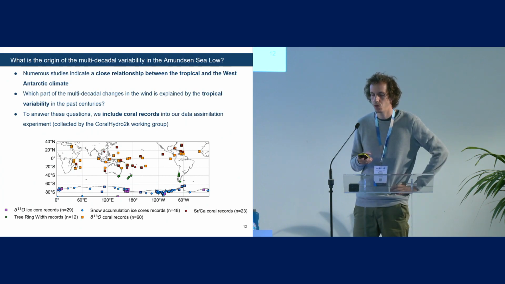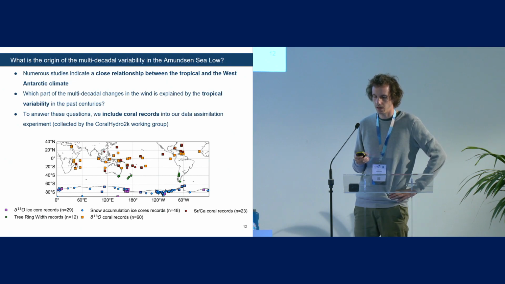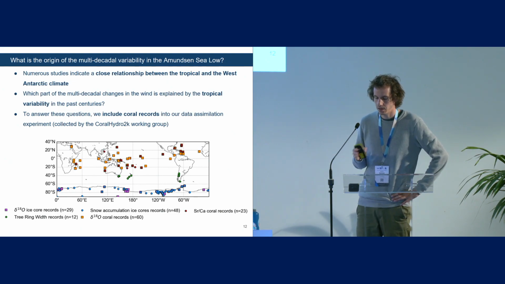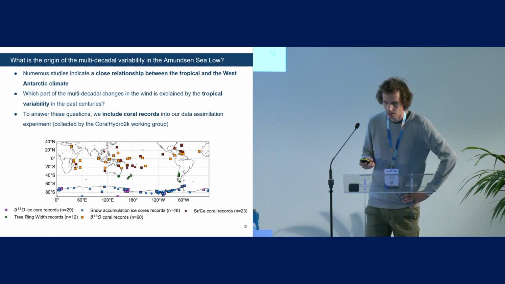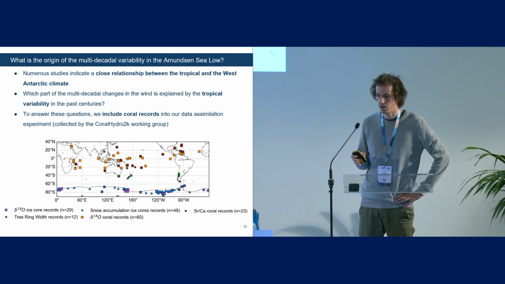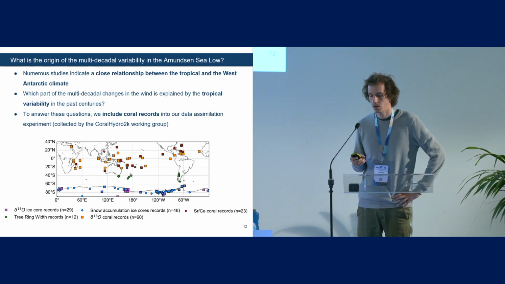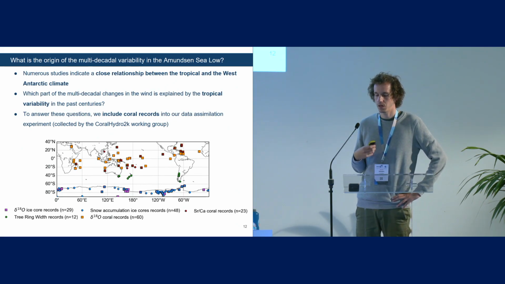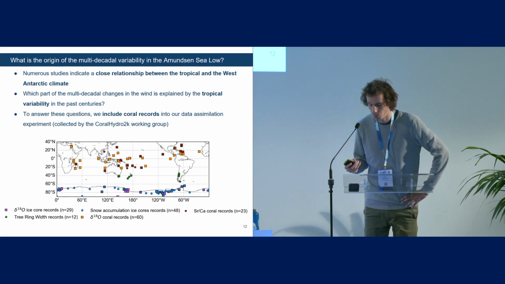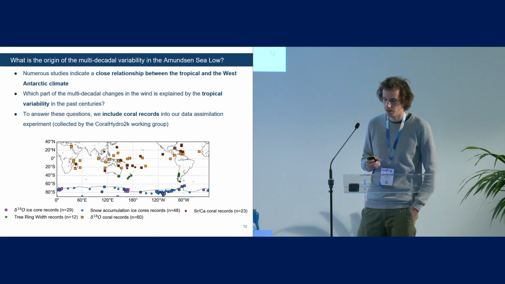So in this study, we were interested in understanding the role of the tropical variability in the atmospheric circulation changes in the West Antarctic sector. And to do that, because until now we only used ice core records and tree rings in the Southern Hemisphere, we now also add tropical records, in particular coral records, to have a constraint on the tropical variability.